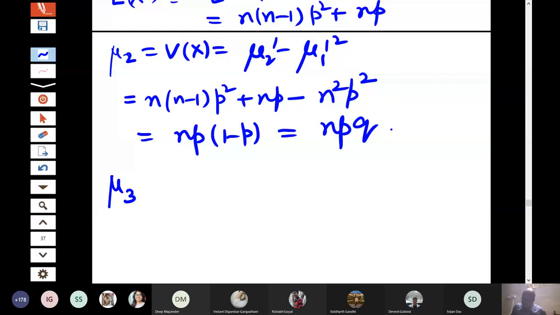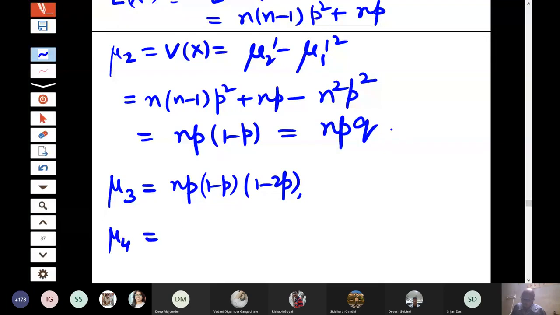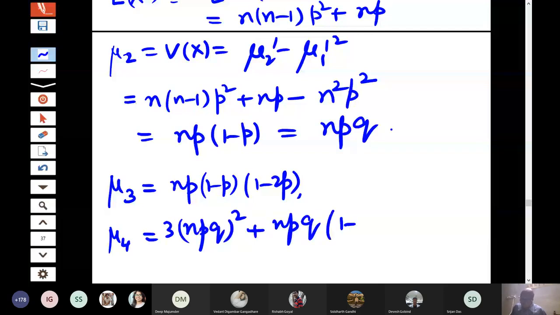Mu 3 will become np into (1 minus p) into (1 minus 2p). I leave this as an exercise. And mu 4 is npq square into 3 plus npq into (1 minus 6pq).